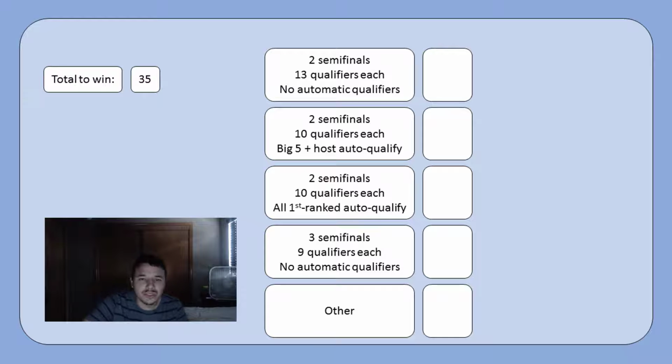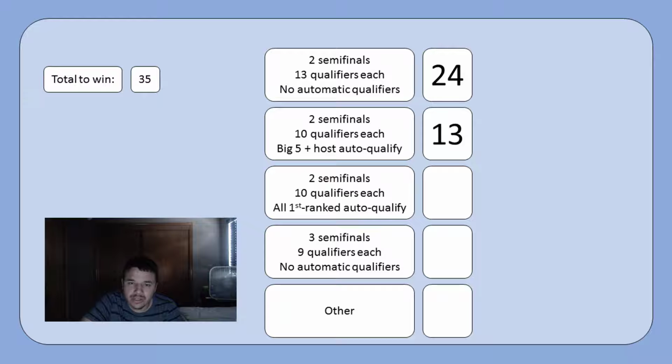The first option, with 13 qualifiers per semifinal, is... I could do a bit better than that. The number of voters is 24. The second option, with 10 qualifiers each semifinal and Big 5 plus the host qualifying, is 13.